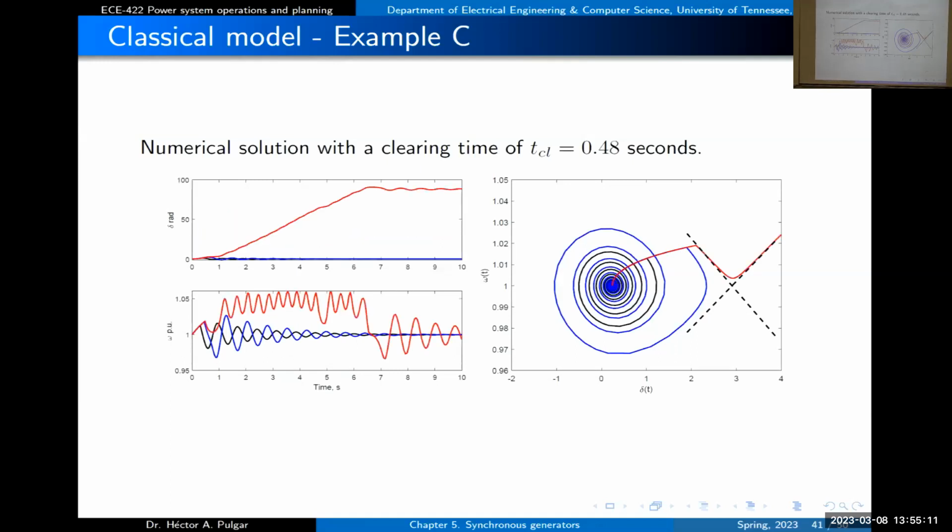But if we do it too late, just a little bit more, the clearing time here is 0.48 seconds, then we cannot save the machine. After we cross this eigenvector related to the stable eigenvalue of this saddle node, when we cross that line, the system just diverges.